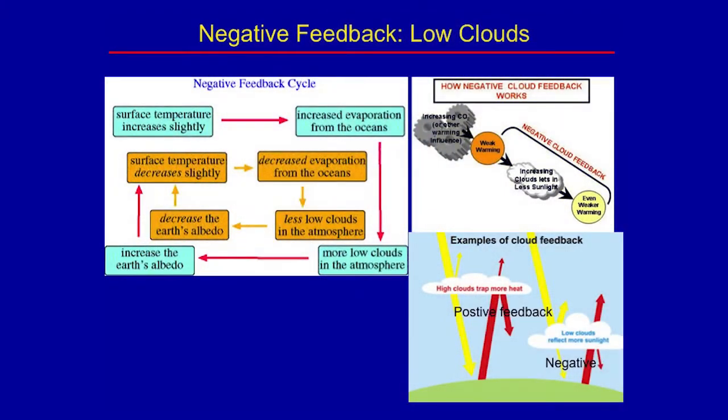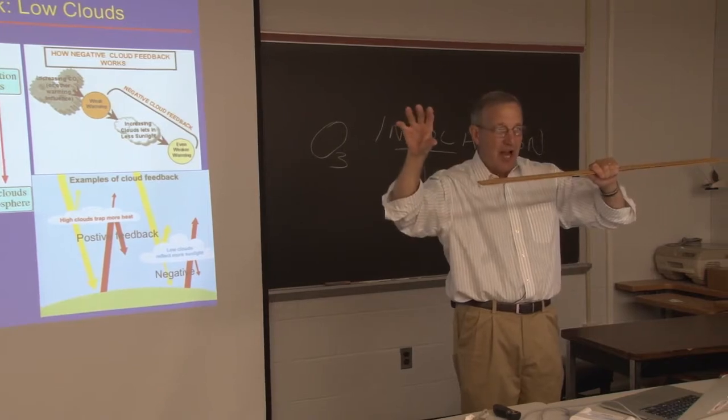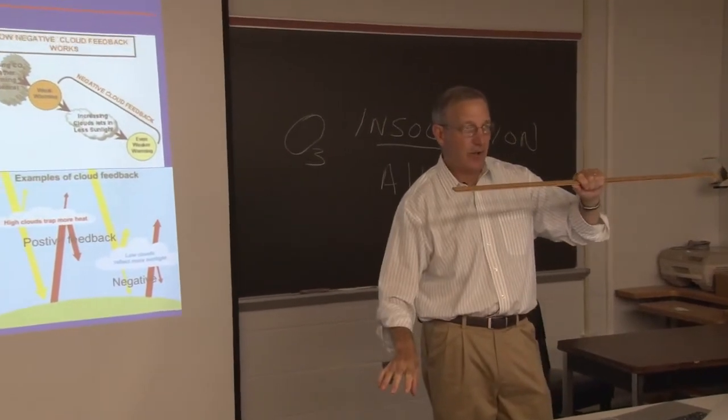There are also negative feedbacks from low clouds. So if we're in the tropics, we already talked about this. We're in Jamaica, clear morning. What happens as we begin to evaporate much more? We form low clouds, and those low clouds rain out like crazy.